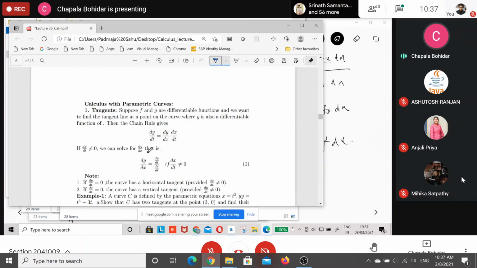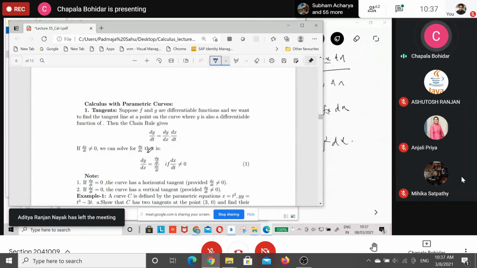Next, calculus with parametric curves. Suppose f and g are differentiable functions, and we want to find the tangent line at a point on the curve where y is also a differentiable function of x.